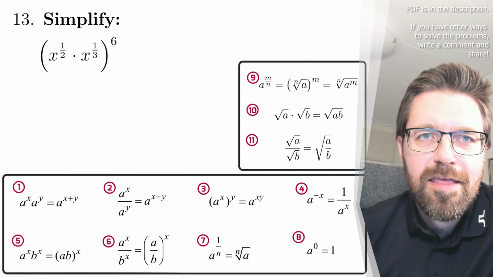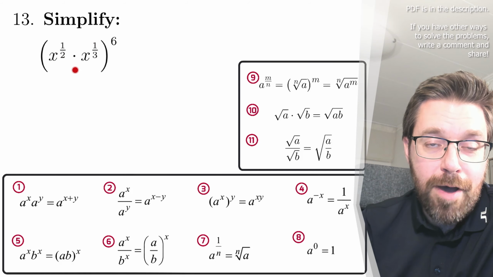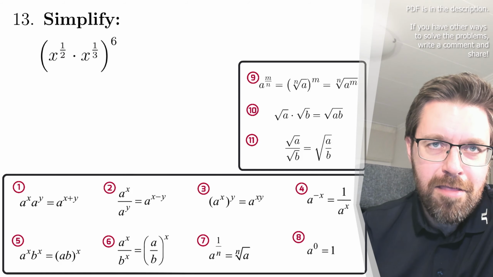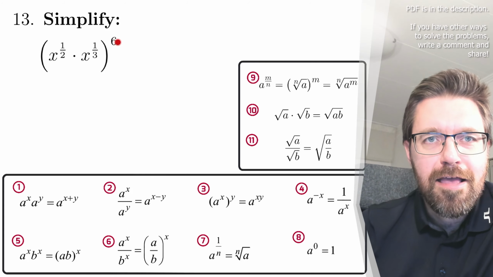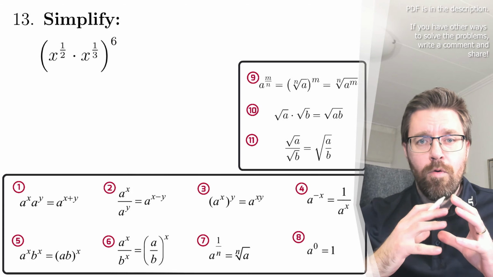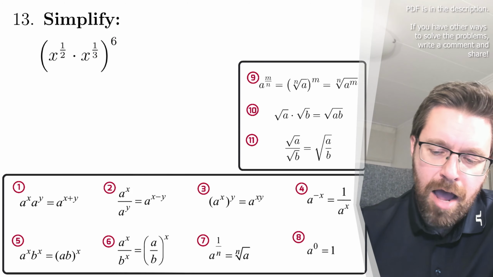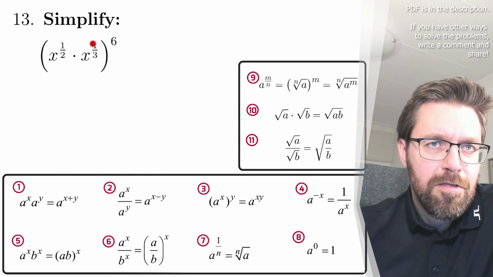Number 13, simplify. We have a multiplication with 2 powers inside the parentheses, and then raised to 6. You can start from outside and in, or from inside and out. And I will start from inside and out. So my first mission here is to multiply these powers with each other.